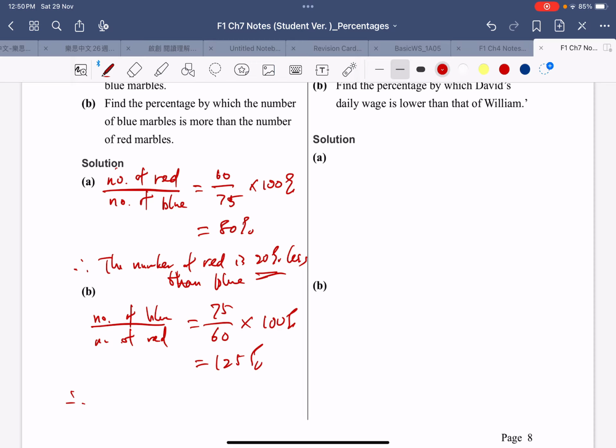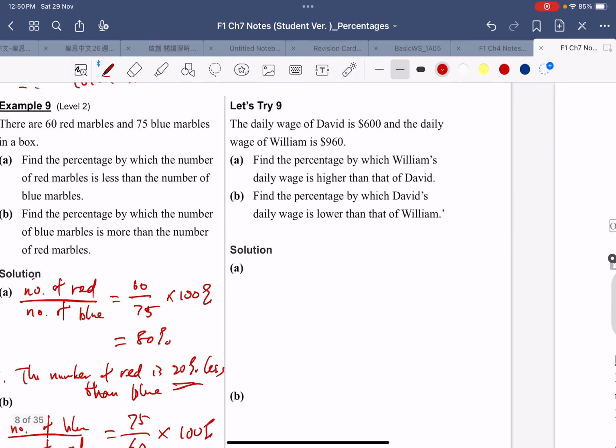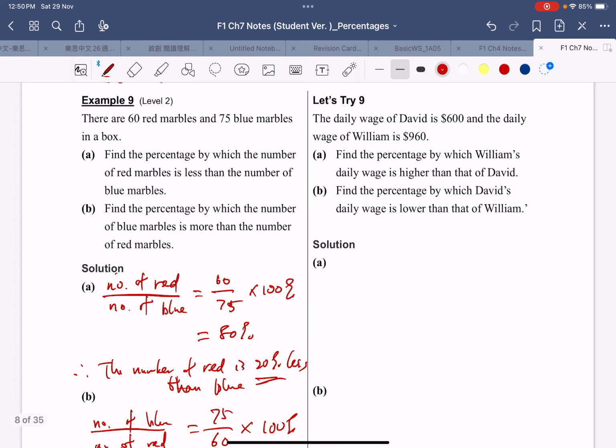And then just write down the required percentage will be 25%. So in words, the number of blue marbles is 25% more than the number of red marbles. Okay, just try the right hand side.